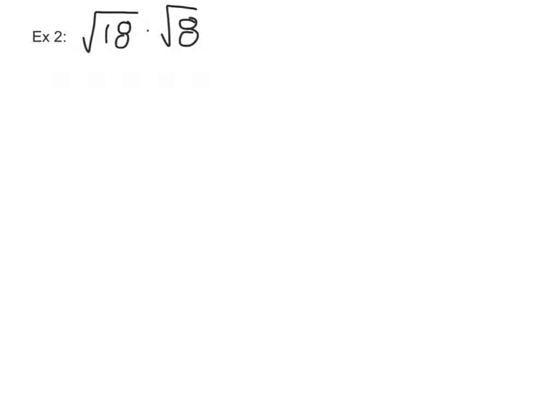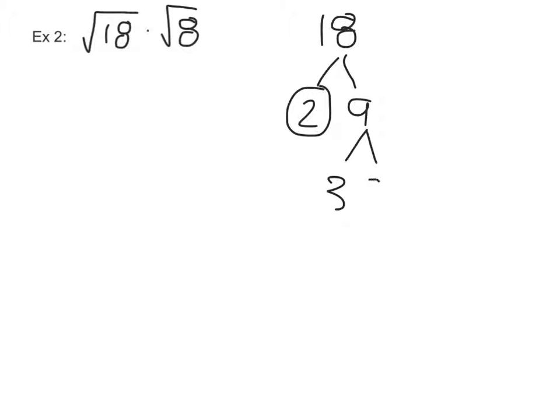In example 2, we have the square root of 18 times the square root of 8. Now, in the previous example, we just started by multiplying the 18 and the 8 together. But notice, if we multiply those two, we're not going to get a perfect square root. So maybe another method would be to start by doing the prime factorization of each number. The prime factors of 18 are 9 and 2, where 2 is prime, and 9 is 3 and 3.